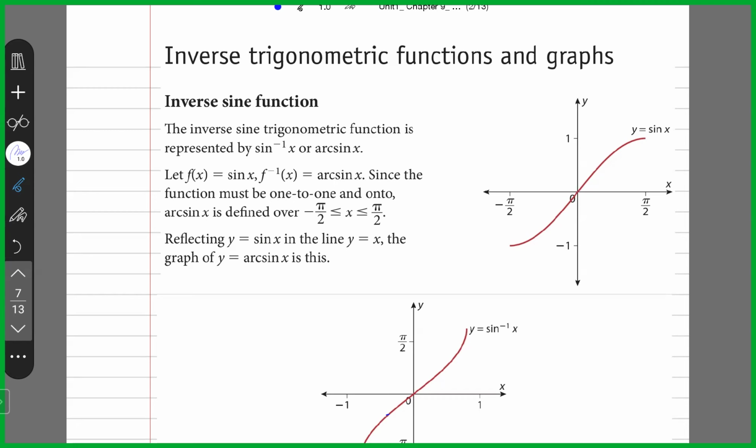Arc sine x is defined over the range. They say arc sine. It actually should be sine that would have to be defined over the domain less than or equal to pi by 2, which is 90 degrees, and greater than or equal to minus pi by 2.